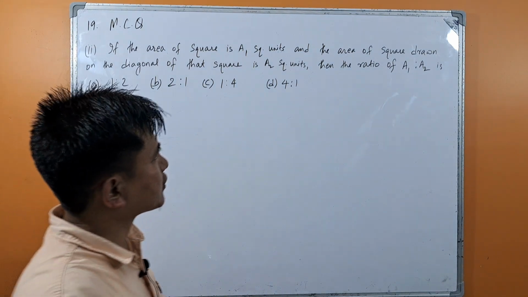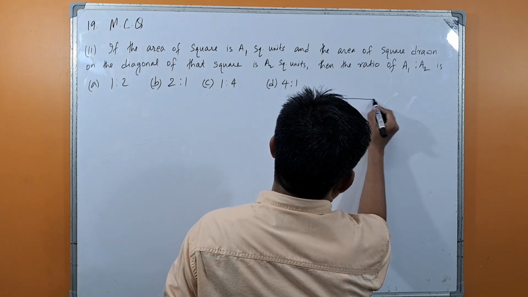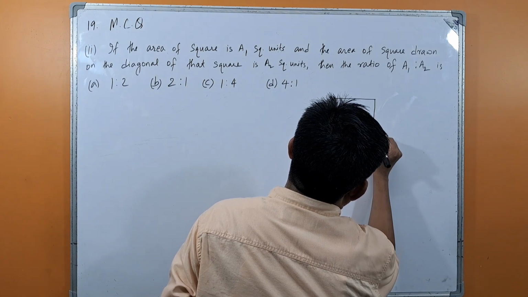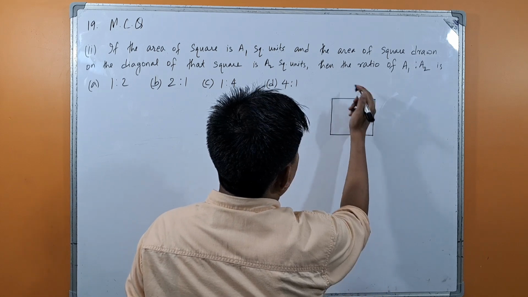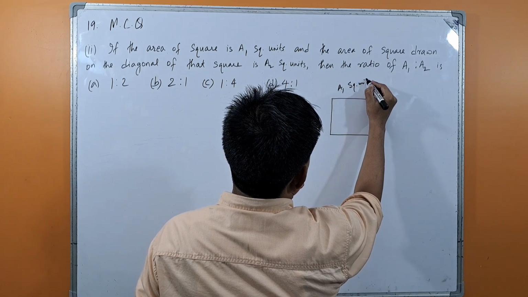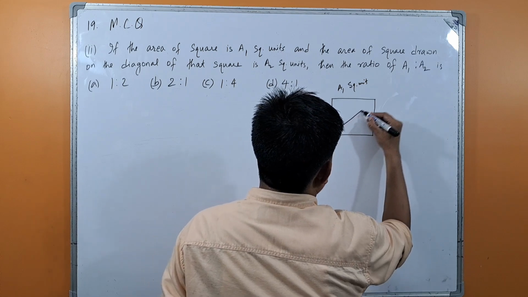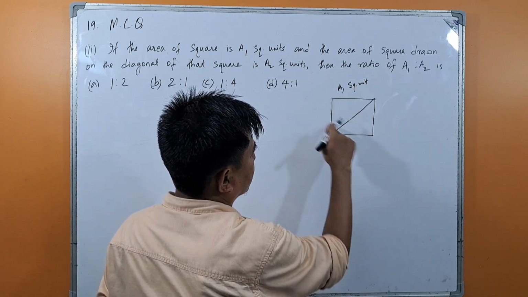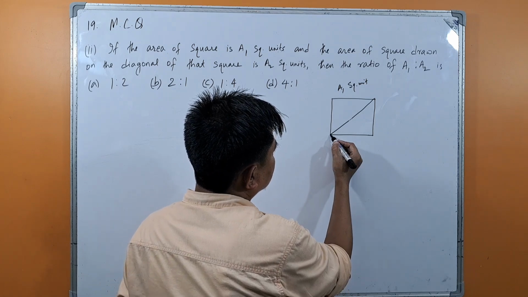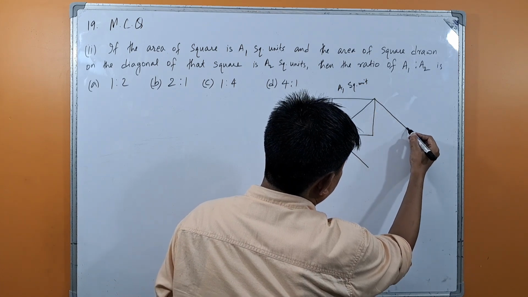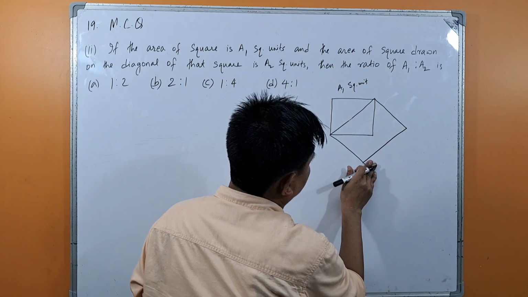Okay, so let us first understand this question. We have a square here. Area of this square is A1 square unit. Okay, and this is the diagonal of this square. This is the diagonal of this first square. Okay, we are asked to draw another square whose each side is equal to the diagonal of the first square.